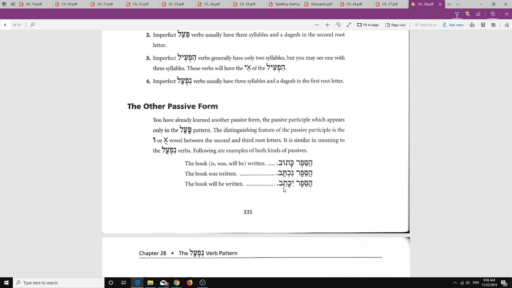Hasefer Yiktev. We see this is a niphal because it's an imperfect and it has 3 distinct vowel sounds. So 3 syllables is also what that means, and a dagesh in the first root letter. So the book will be written is what this would mean.